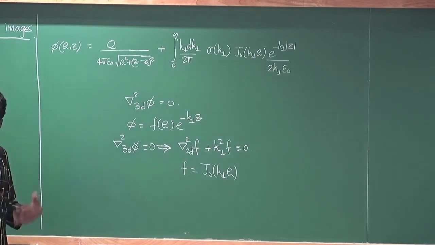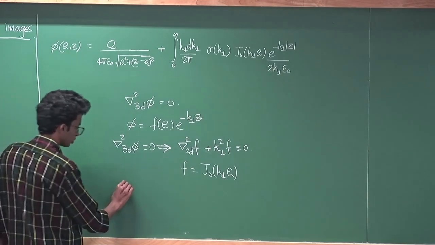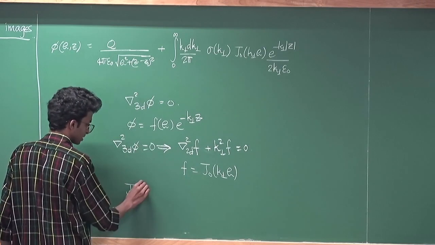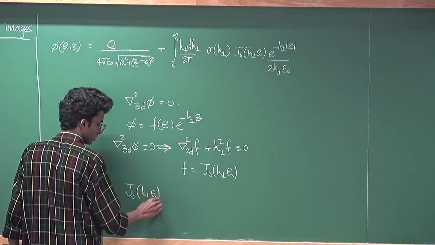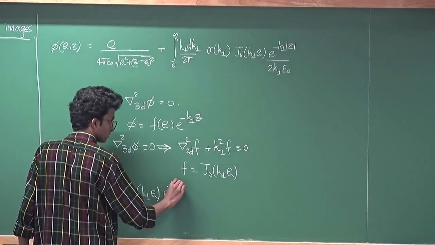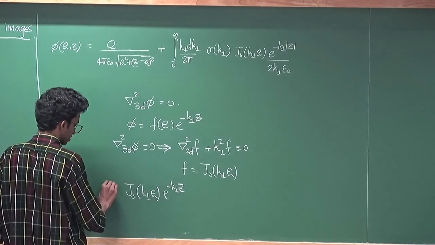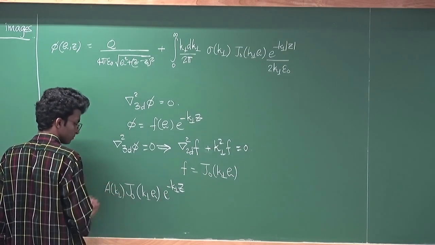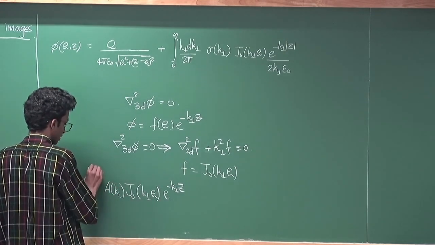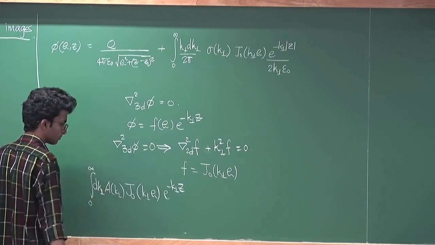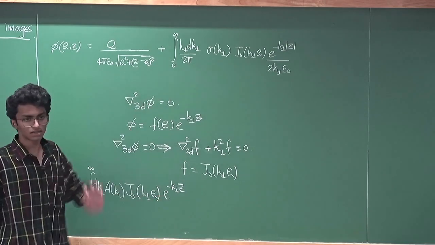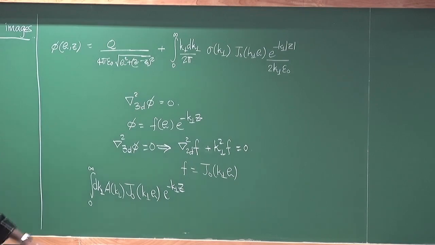And this k perpendicular is arbitrary, so the solution to the 3D Laplace equation should be some J naught of k perpendicular rho, e to the minus k perpendicular z, and you can put some arbitrary function of k perpendicular and then integrate it over all k perpendicular. This is the most general form of this homogeneous part of the solution, and that's all I've done.